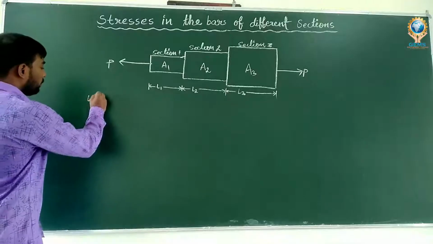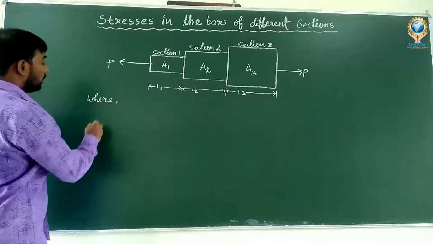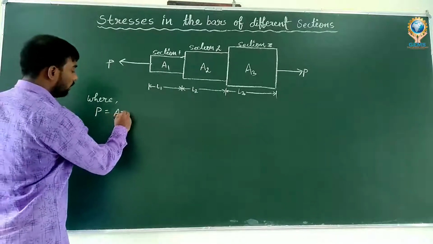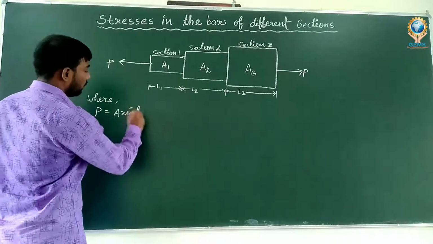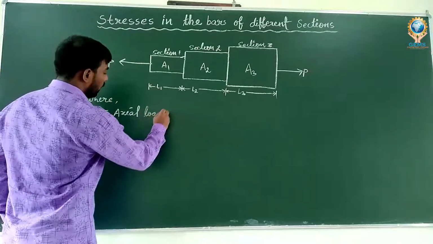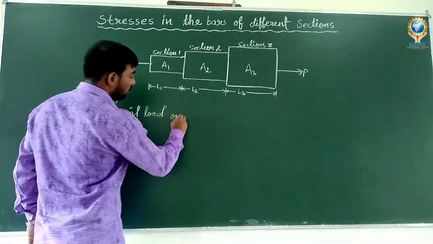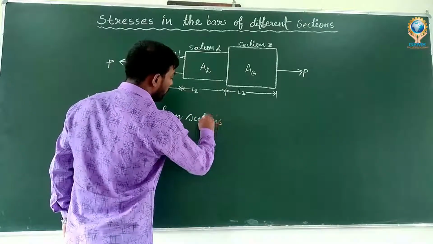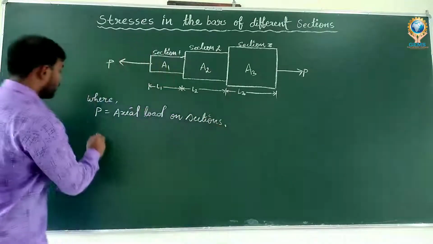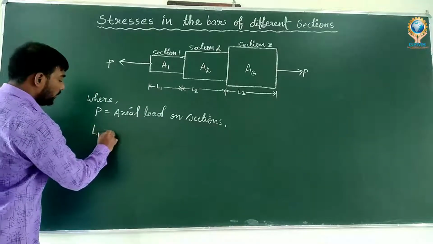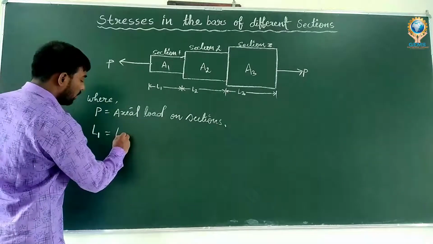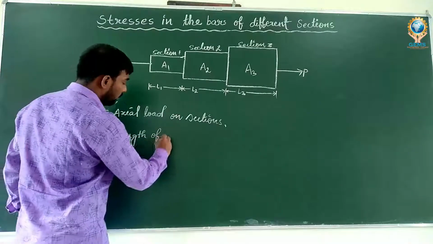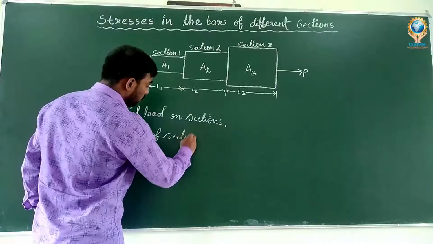Where P is equal to axial load on sections. L1 is the length of section 1.